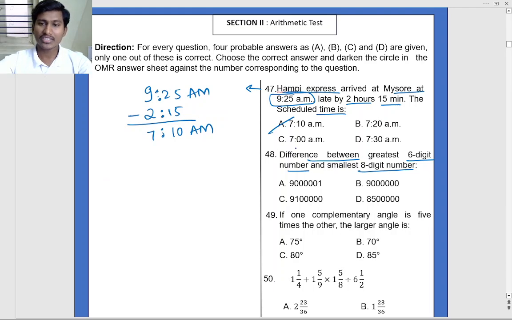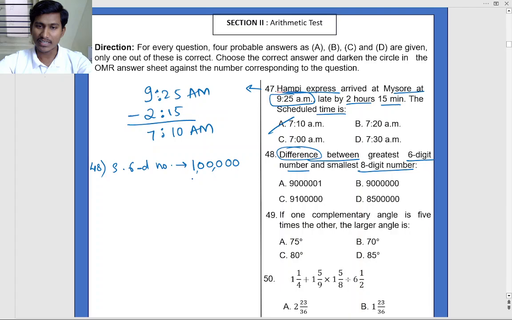So difference means we have to subtract, right? Smallest 6-digit number will be what? After 1 we have to add zeros, 1, 2, 3, 4, 5 zeros, so it becomes a 6-digit number.